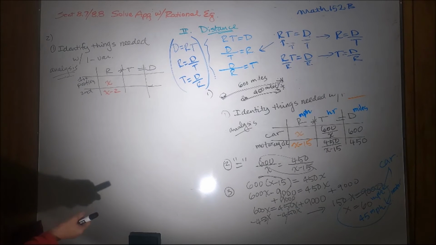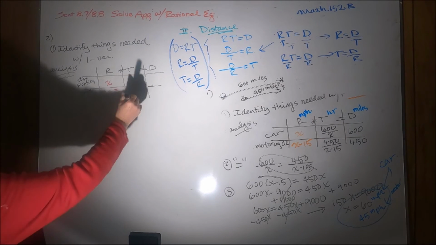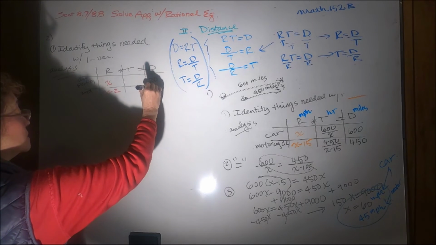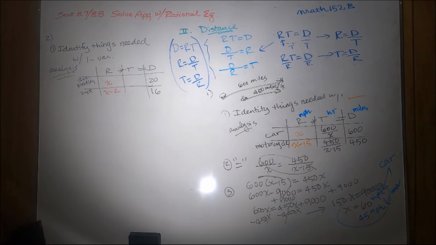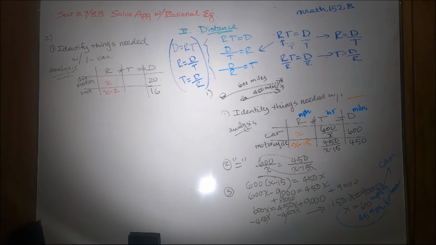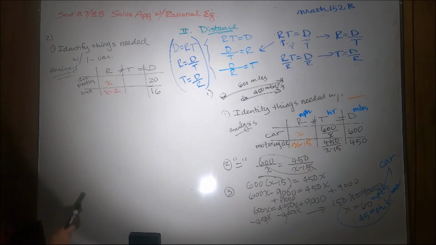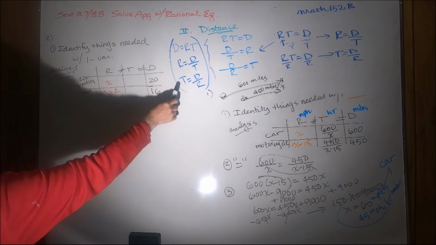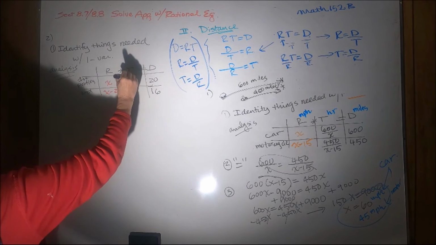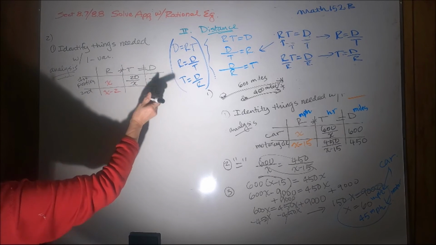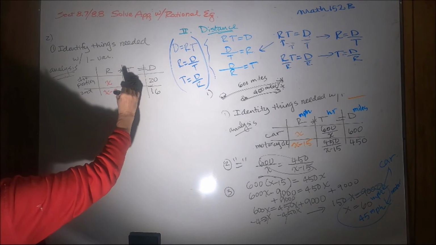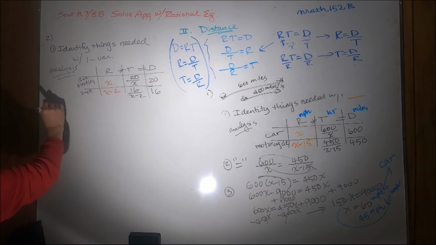No. Then we see what happened. But we do know the distance. Distance will be 20 miles for the first part and 16 miles for the second part. Then by the formula, we should know how to do the T. T equals D divided by R. 20 divided by X. This will be 16 divided by X minus 2, right?